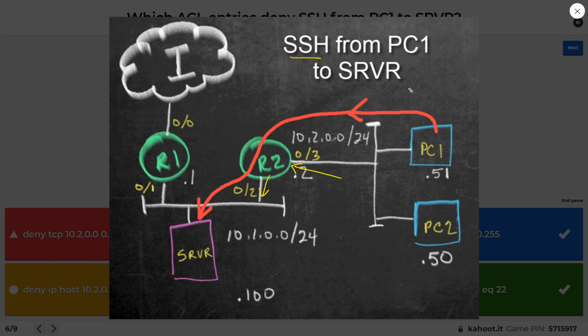So this client, if we're doing an SSH session, is going to be using TCP, and the source port would be some high numbered port, because the PCs look at what ports they currently have open and choose an unused port, and the destination port would be port 22. And then the IP addresses, unless we're using NAT, would be the source IP address here and the destination of 10.1.0.100.